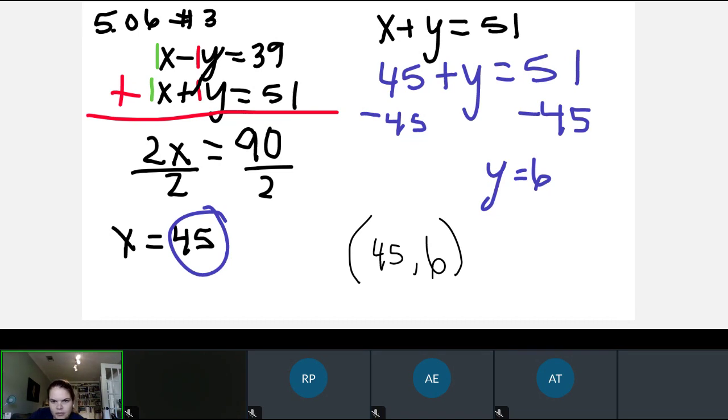Sure, Anaya, let me find you. Okay, so you need to pick one of these equations, Anaya. You can either do the top one or the bottom one. That's fine, Stormy, you're good. And go ahead and rewrite it like over here to the right.